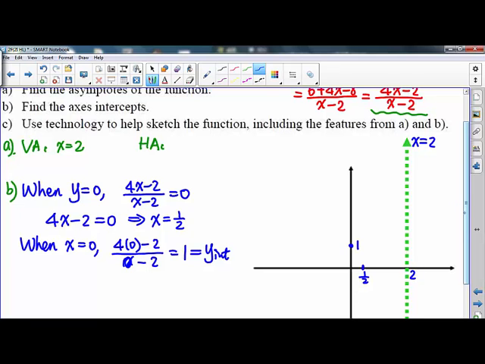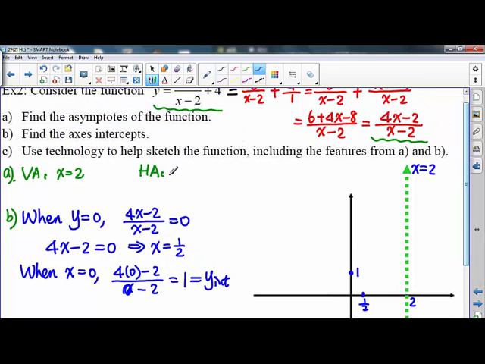So right now, let's come back to see how we can find the horizontal asymptote again. If I want to find the horizontal asymptote, we only need to look at when x approaches negative infinity, what is the y value approaching? When x is approaching positive infinity, what is the y value approaching?